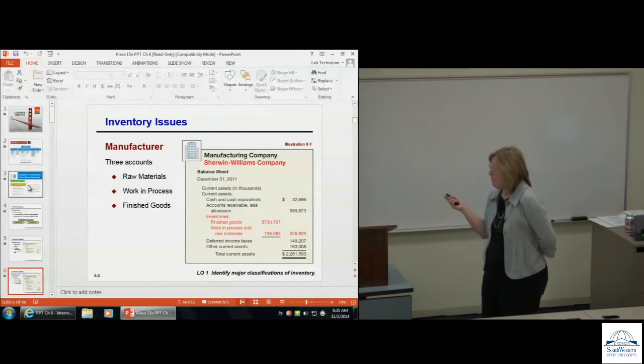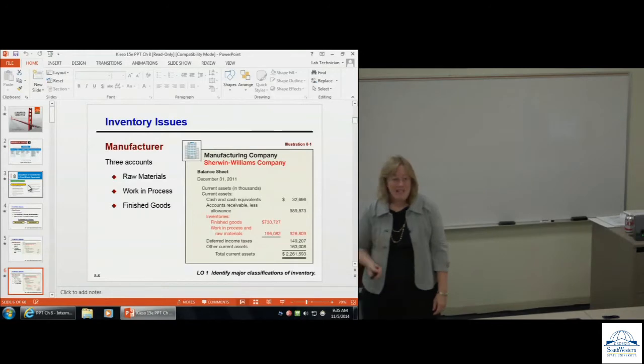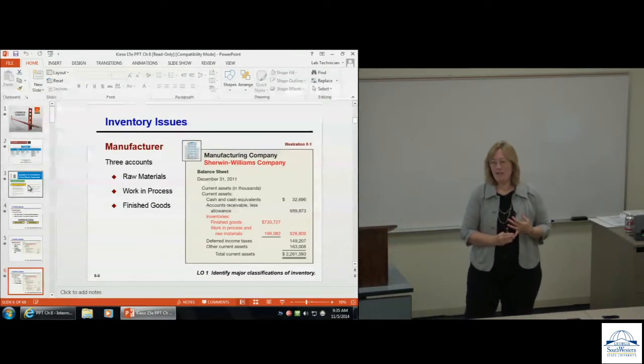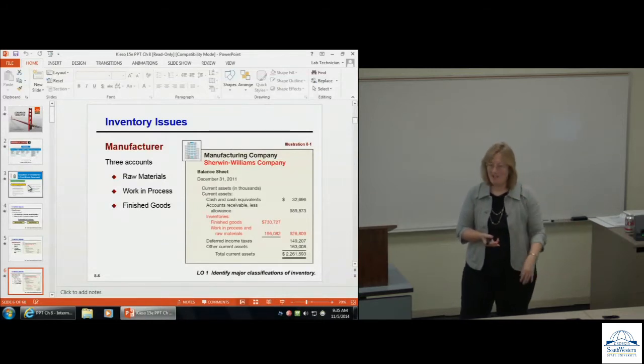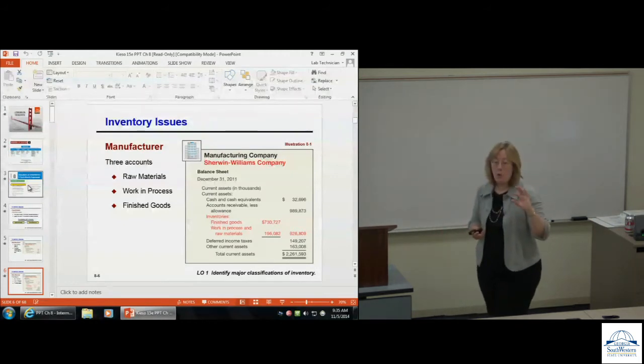But a manufacturer, like apparently Sherwin-Williams, makes their own product, and they have several different accounts of inventory. Okay, so when they first start making their paint, they're buying chemicals and colors and whatever it takes to make paint. Where does that stuff go? Raw materials.